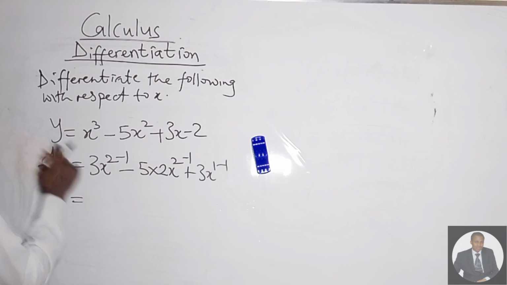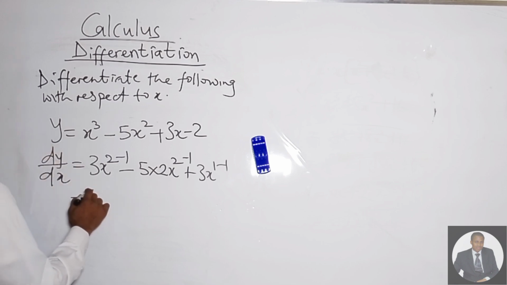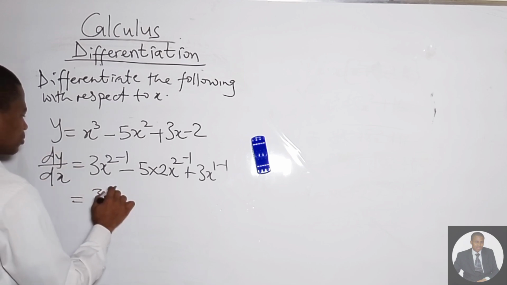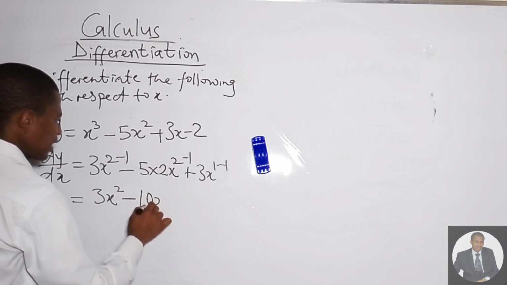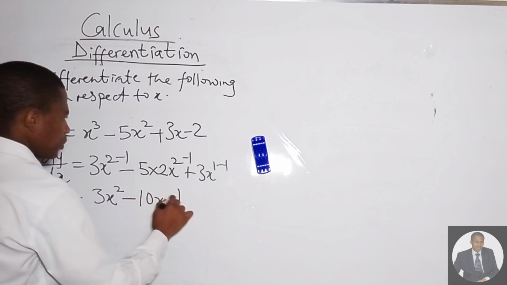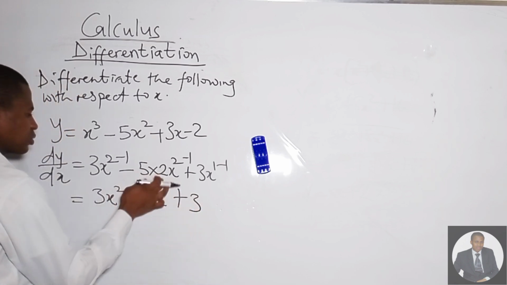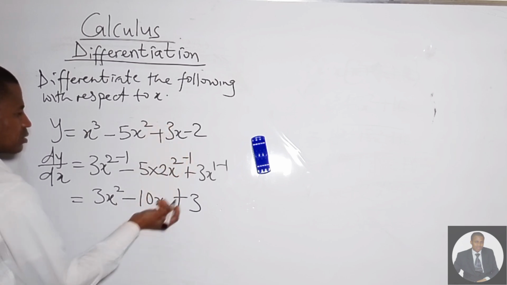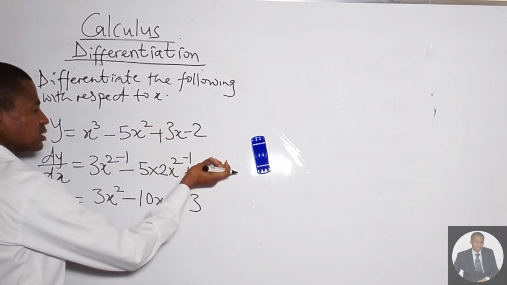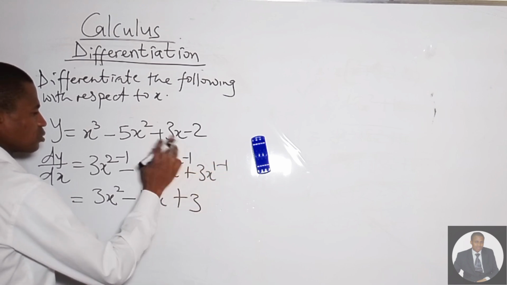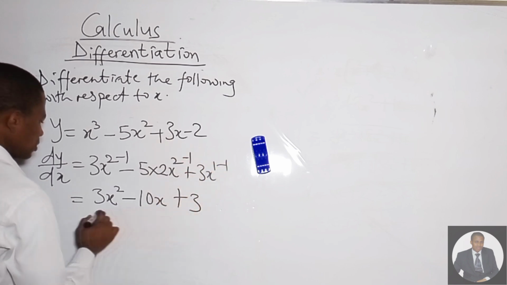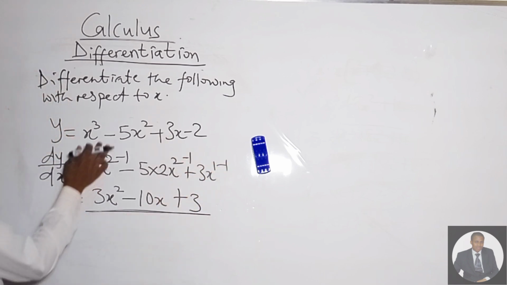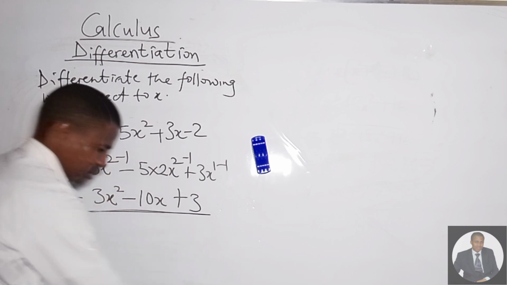We have 3x squared minus 10x plus 3. 5 times 2, 10. 2 minus 1, 1. x raised to power 1 is x. 1 minus 1 is 0. Anything raised to power 0 is 1. 3 times 1, 3. So the dy/dx of this question will be 3x squared minus 10x plus 3.